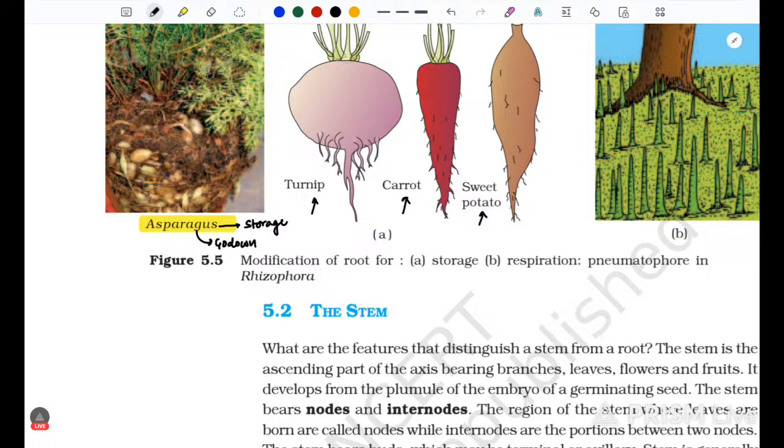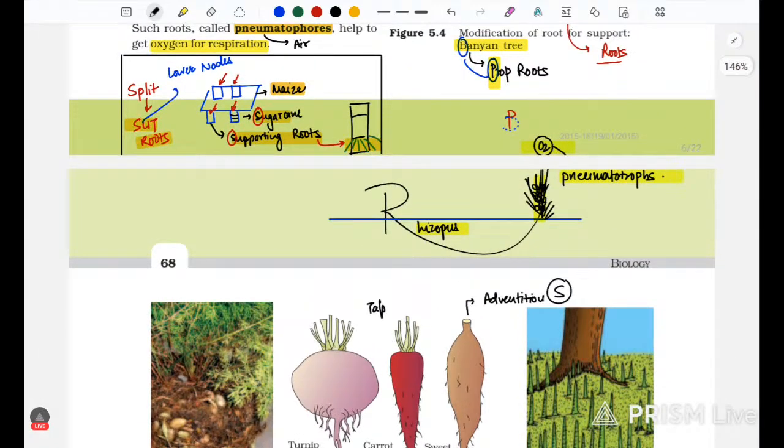Write asparagus also, write rhizophora also. So rhizophora, which has pneumatophores requiring oxygen, the root grows vertically.